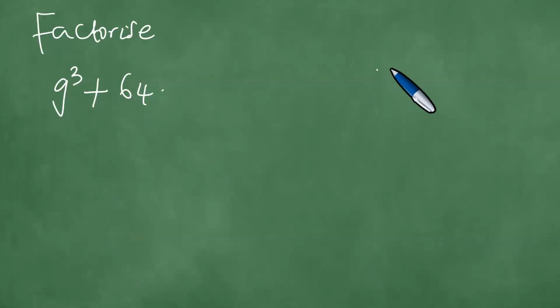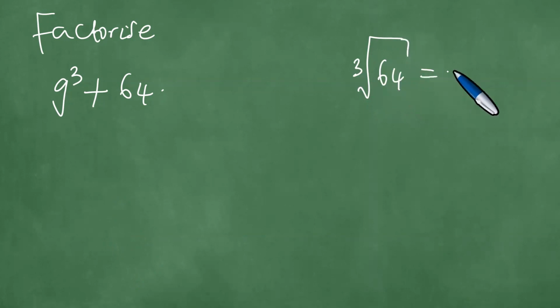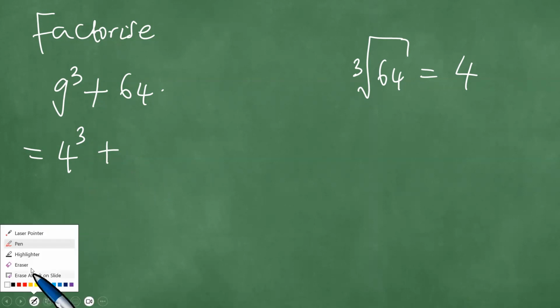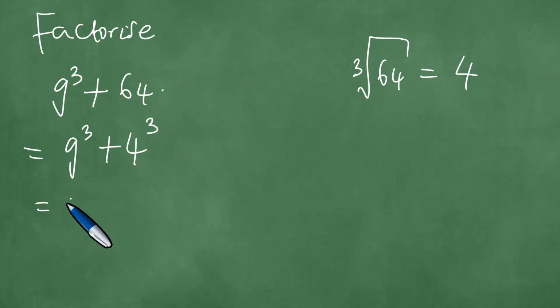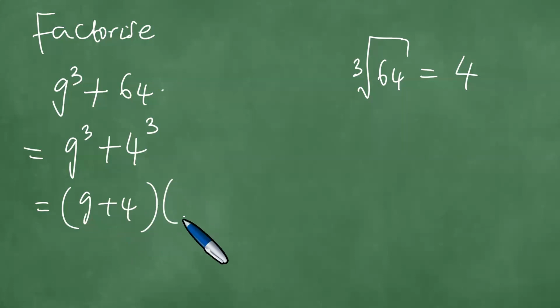Yes, you need to find the cube root of 64, right? And what is the cube root of 64, Leander? 4. Well done. So which means that at this point here, this is going to be G cubed plus 4 cubed. In which case, therefore, you cover the powers and you have G plus 4.